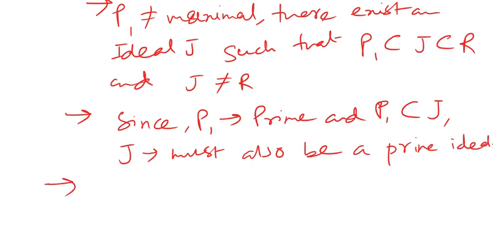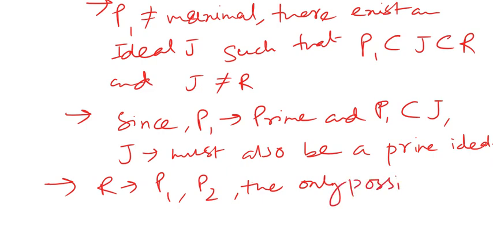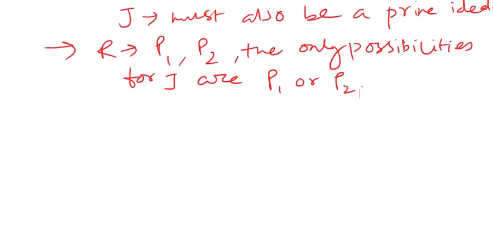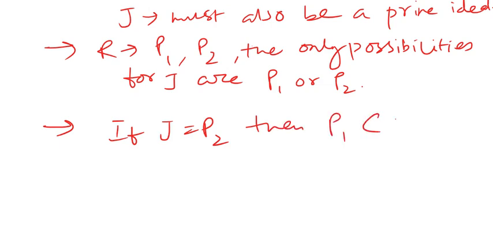The next point is, since R has exactly two non-zero prime ideals, P1 and P2, the only possibilities for J are P1 or P2. If J equals P2, then P1 is a subset of P2.